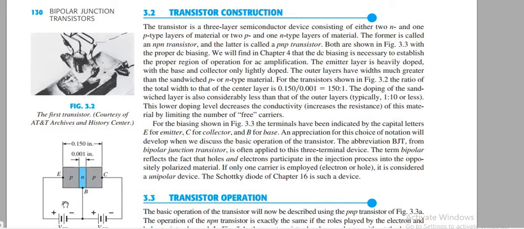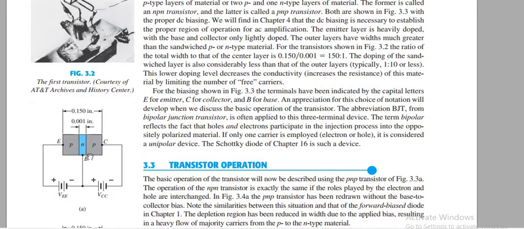This is the basic block diagram for understanding how we can construct a transistor. The P layer and this P layer are separated by an N layer, so it is known as the PNP type of transistor.